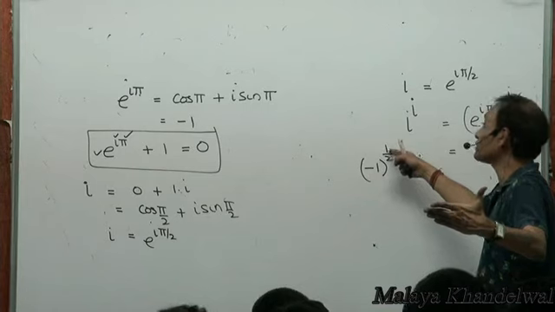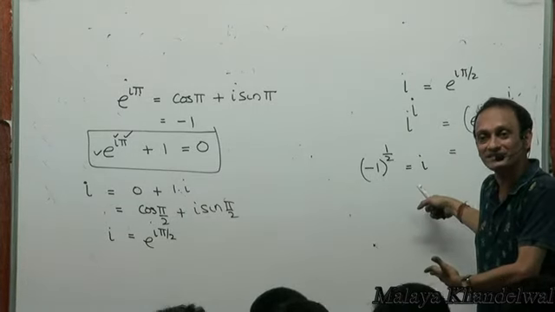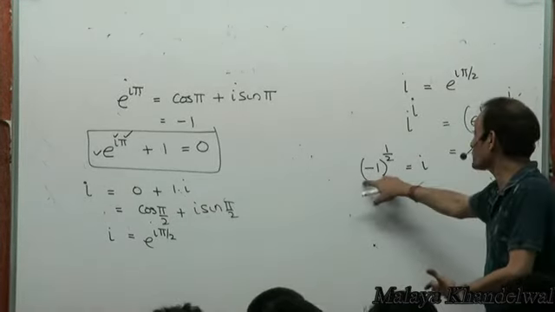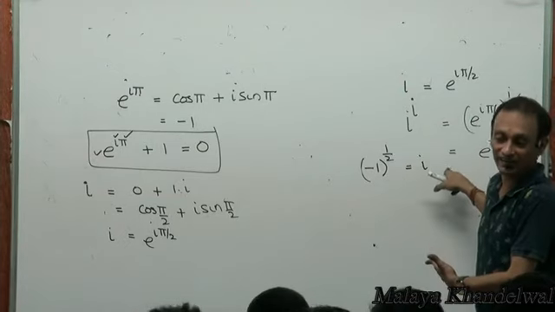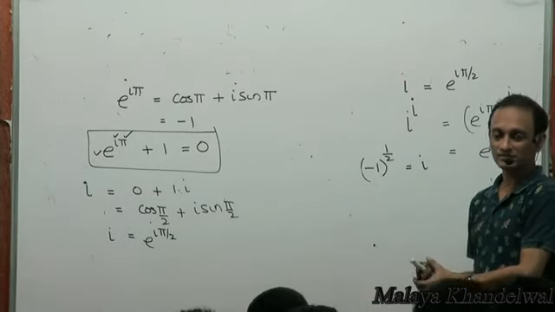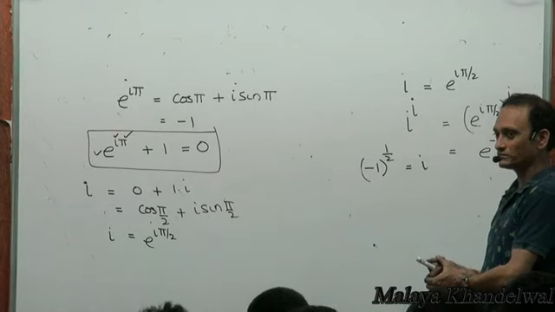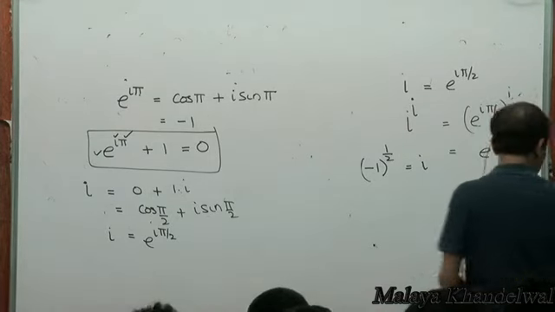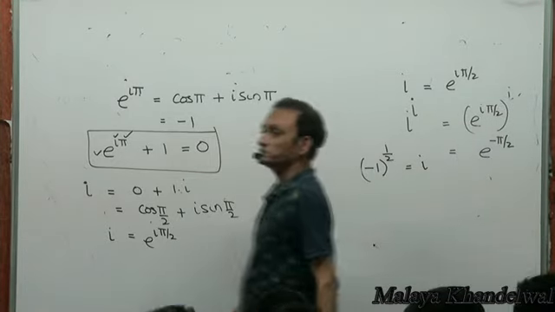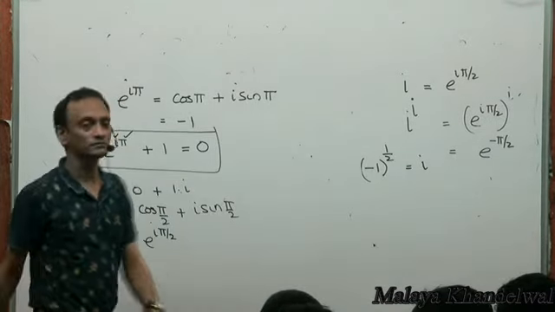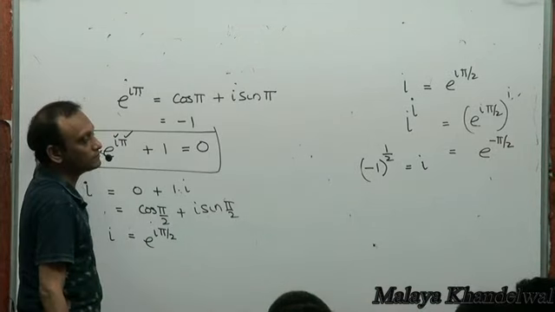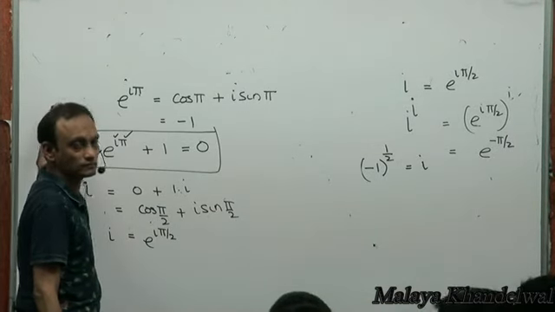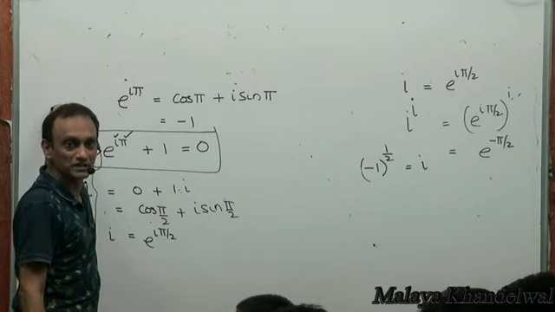A real number to power a real number can actually be a complex number. Yes or no? This is square root of -1, which is I. Right? Got it? Make sense?